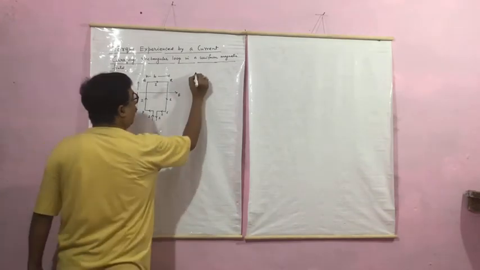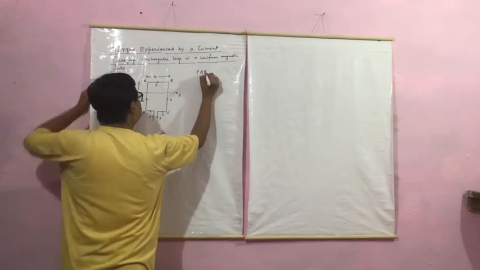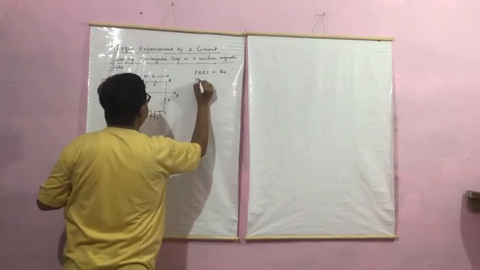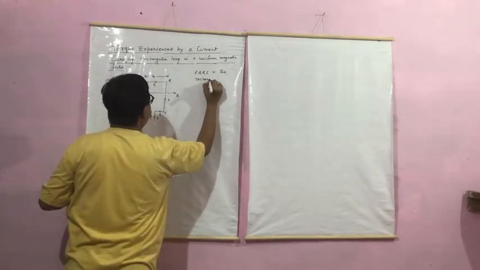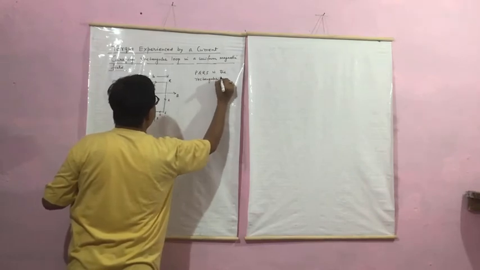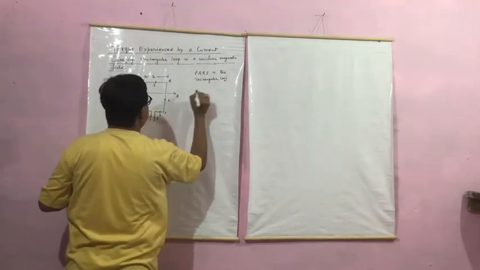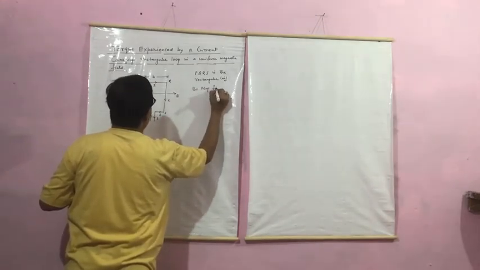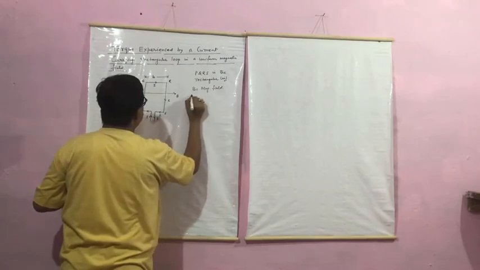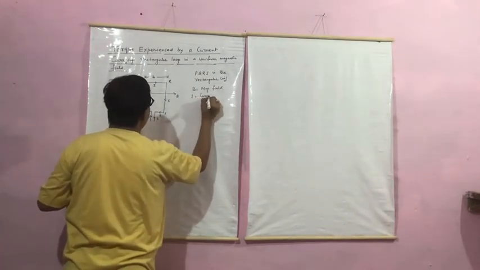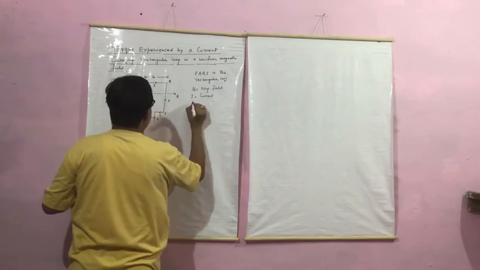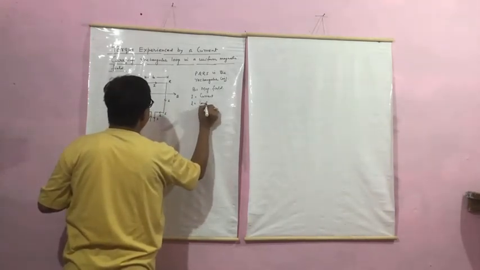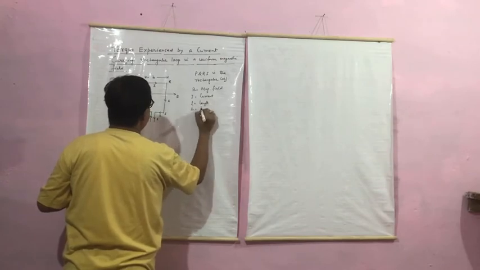So PQRS is the rectangular coil, B is the magnetic field, I is the current, and L is length, B is breadth.